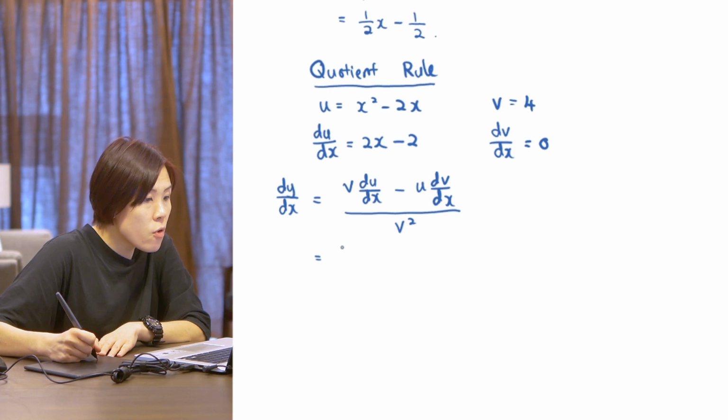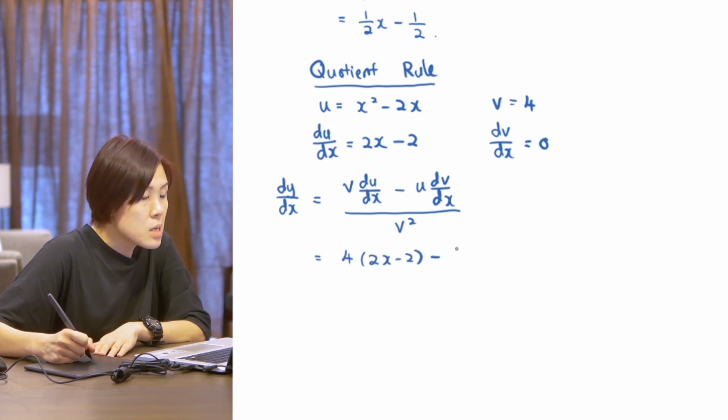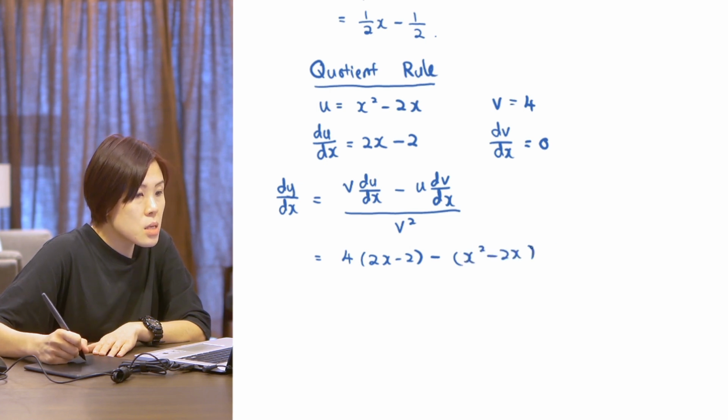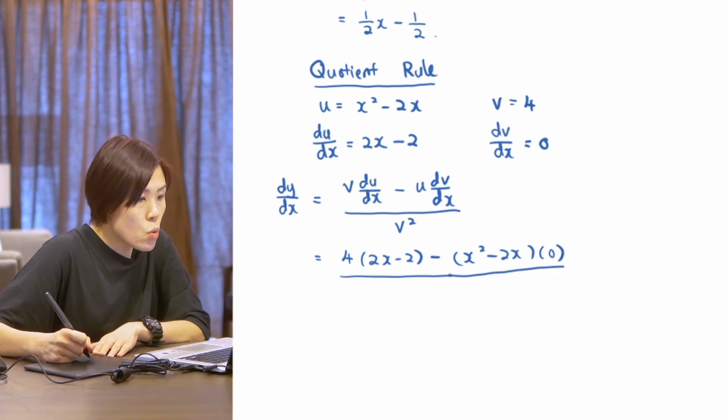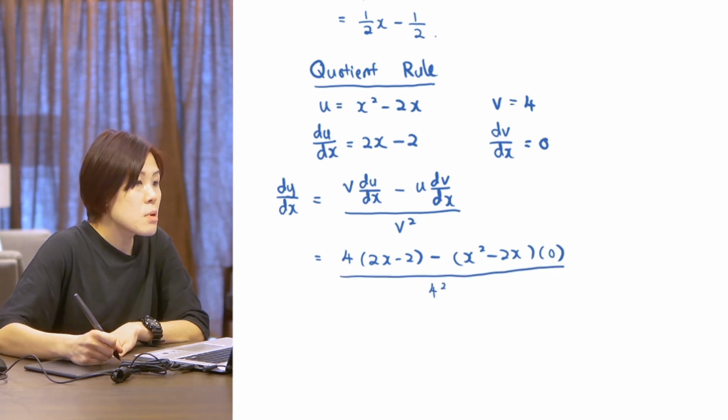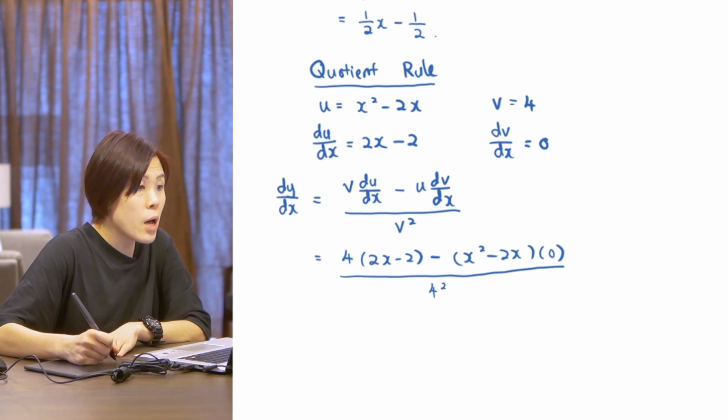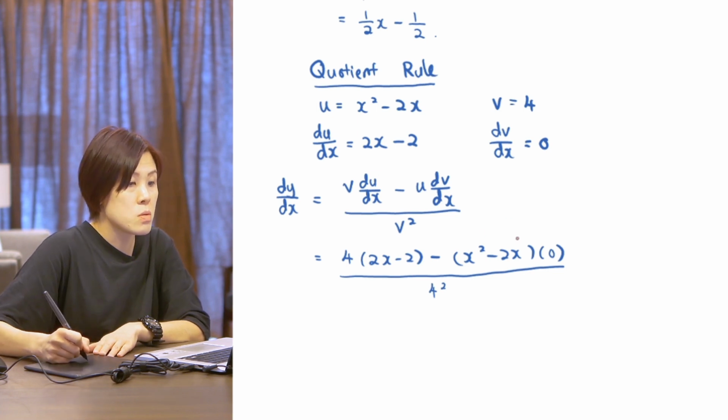We will have 4 times 2x minus 2, minus x squared minus 2x times dv by dx, which is 0, over v squared, which is 4 squared. And everybody should know that whenever you multiply by 0, the whole thing here will be 0.